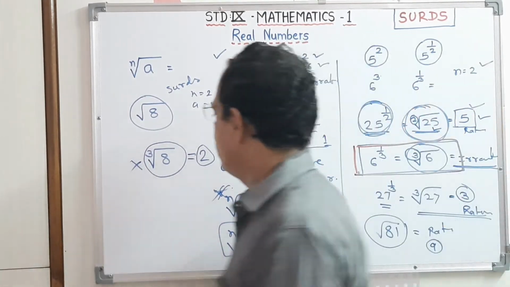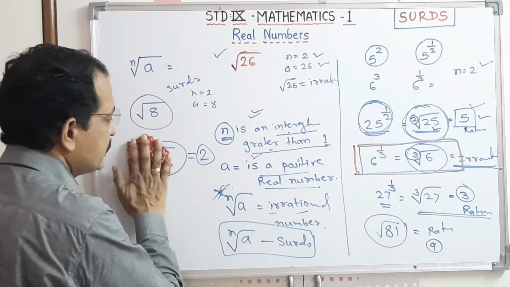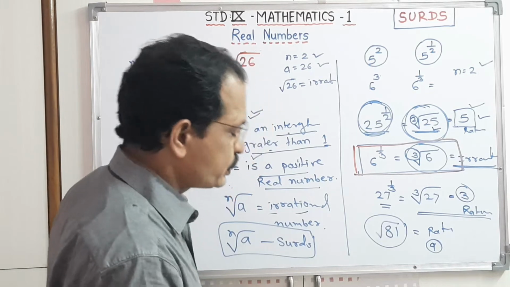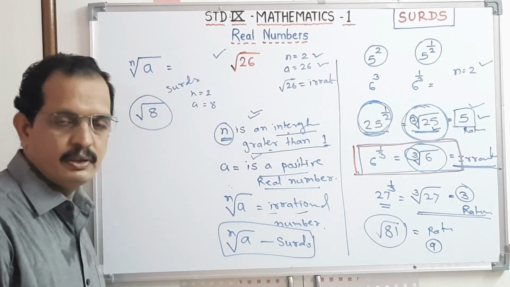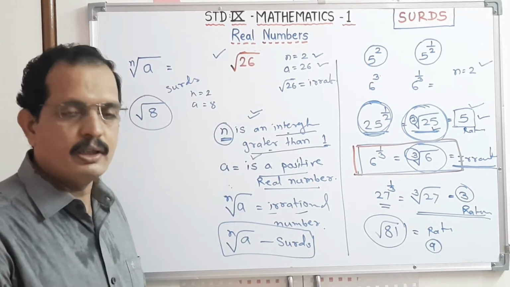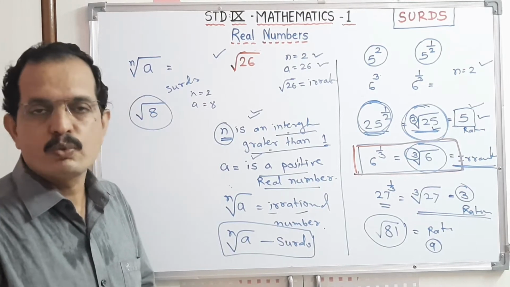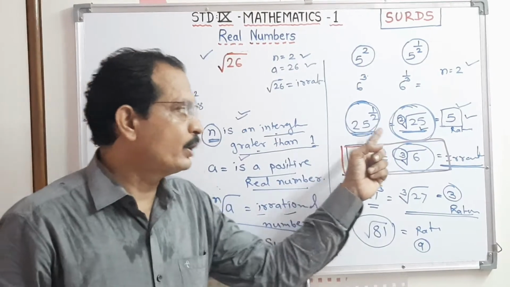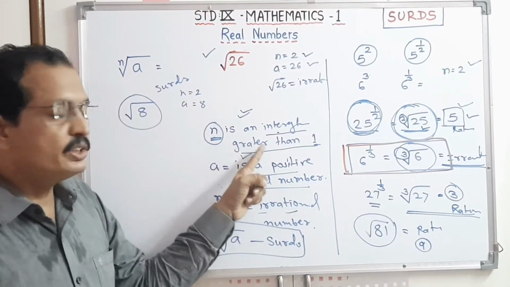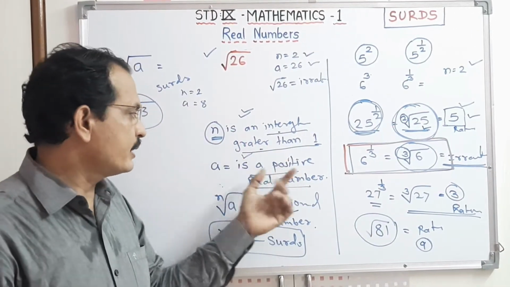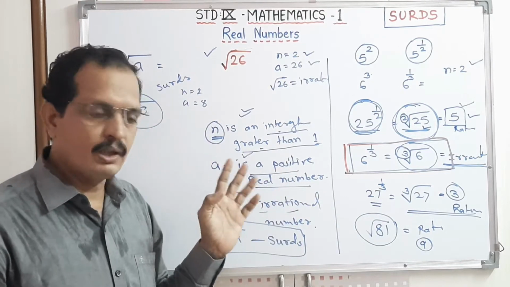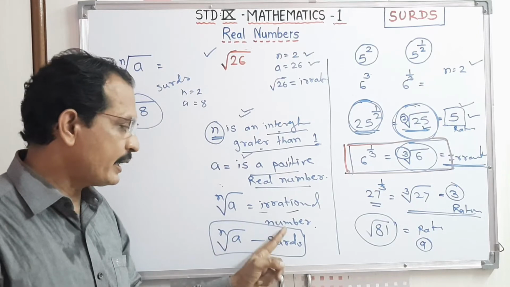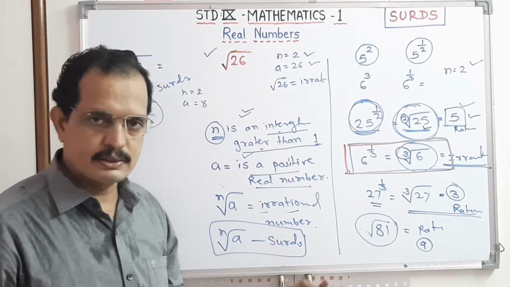Now see here, we have to see another concept about the surd. Now everyone understood, if any number is given and if we have to decide whether it is a surd or not, first of all we have to see the root. The number denoted by root is an integer greater than 1. Second condition is a positive real number, and nth root of a is an irrational number, then it is called a surd.